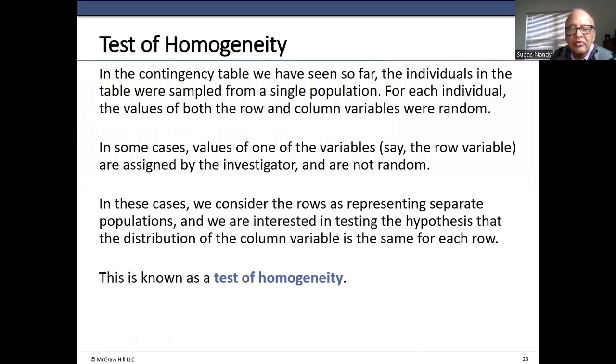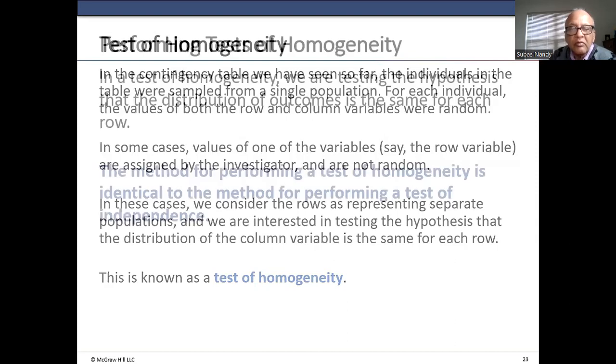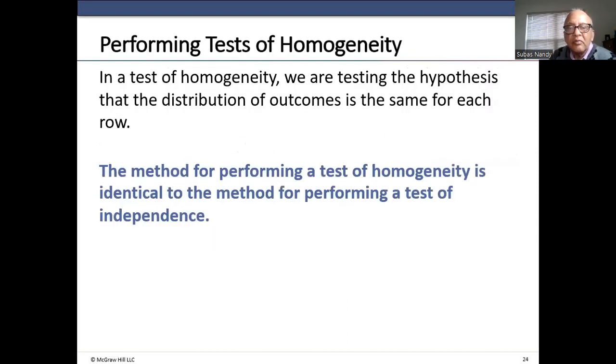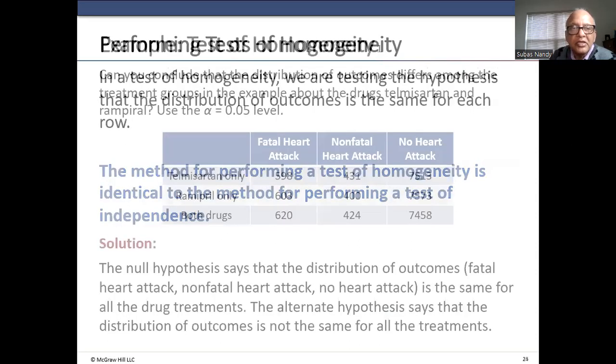In these cases, we consider the rows as representing separate populations, and we are interested in testing the hypothesis that the distribution of the column variable is the same for each row. This is known as a test of homogeneity. In a test of homogeneity, we are testing the hypothesis that the distribution of outcomes is the same for each row. The method for performing a test of homogeneity is identical to the method for performing a test of independence.